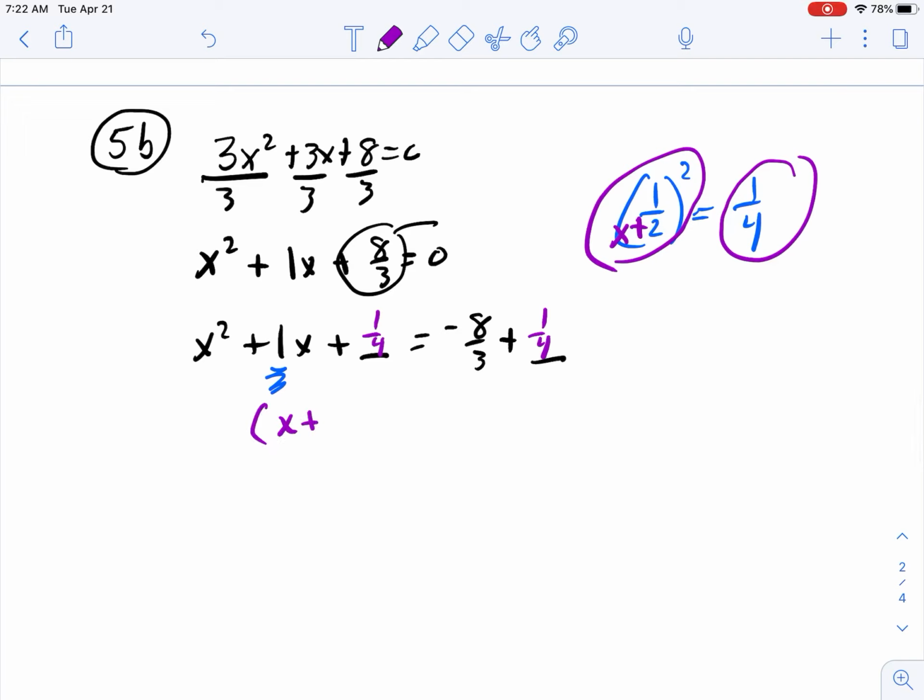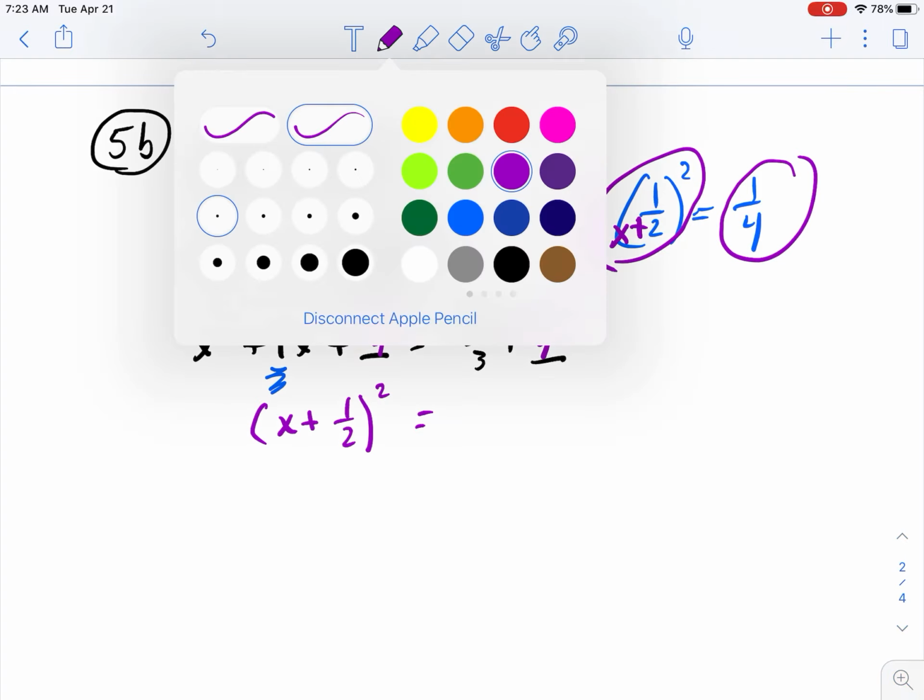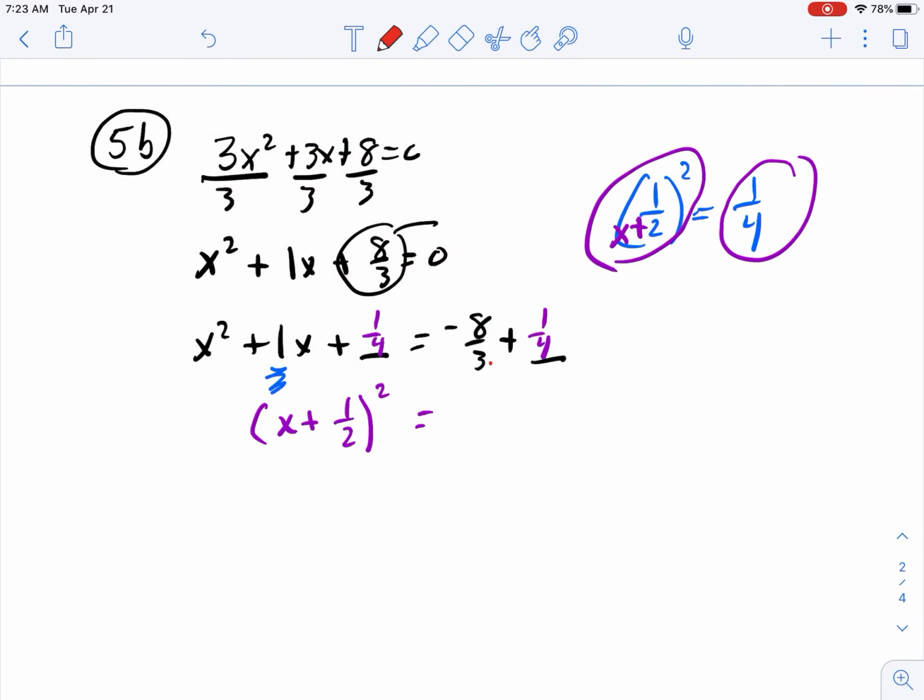Okay, so what we have then is x plus 1/2 squared. Okay, our common denominator here. So multiply this by 4, this by 3. So you have negative 32/12 plus 3/12, which gives us negative 29/12.